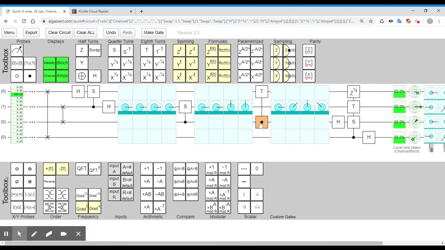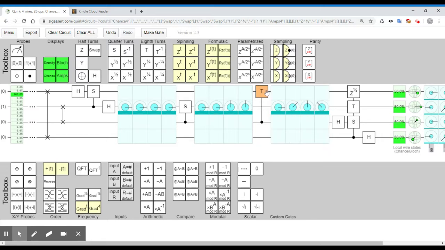Oh well, it's a control T, so it only applies when that wire is 1. So that wire is 1, so it applies always when that wire is 1, which is, of course, 1 everywhere.